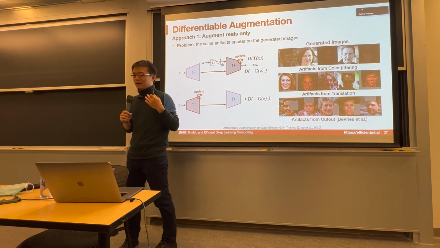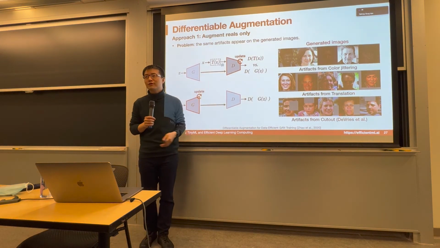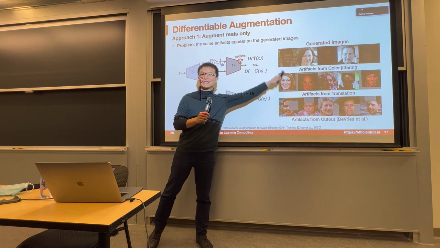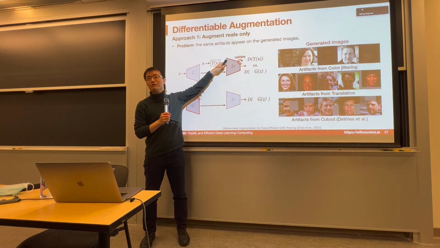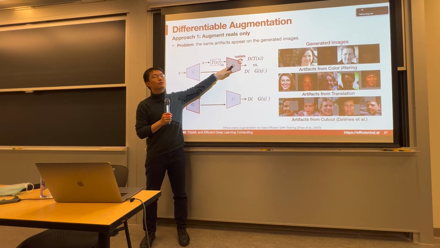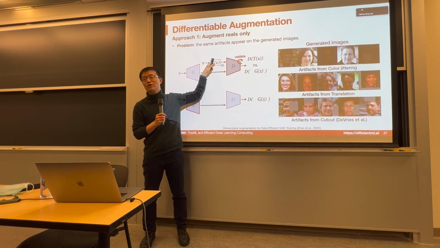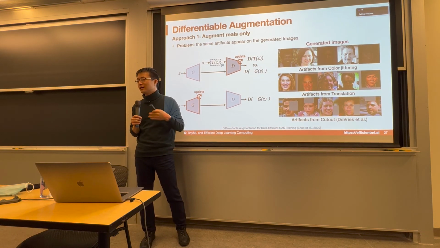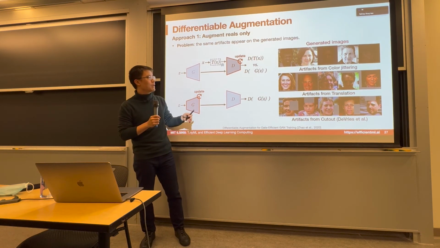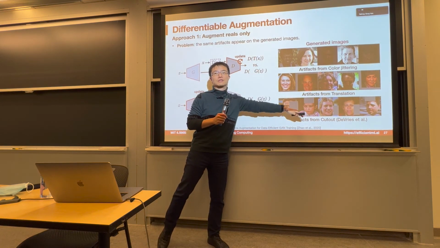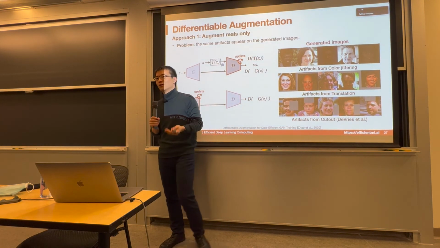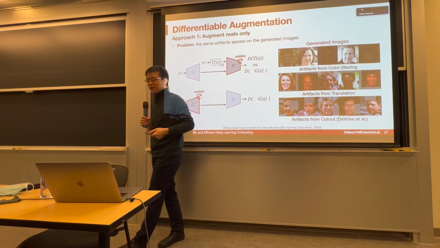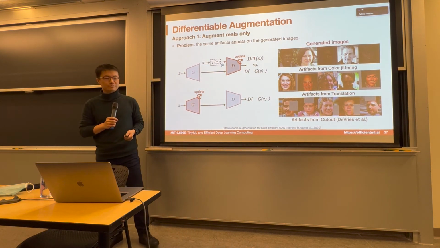It cheated the discriminator into thinking that a normal image should be something like this, because all the real images fed into the discriminator have these kinds of translations, jitters, cutouts. Therefore the generator also generated images that have such properties, right? So apparently, this method doesn't work.